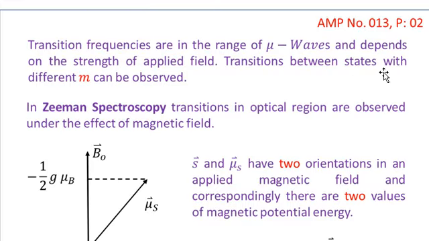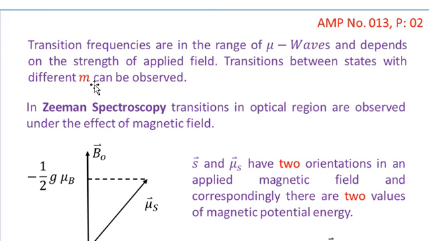Transitions between states with different M can be observed. So you see that if you increase the value of the external magnetic field B naught, then of course the splitting between different Mj levels will increase. And if you reduce the external magnetic field, then the separation between Mj levels will decrease.